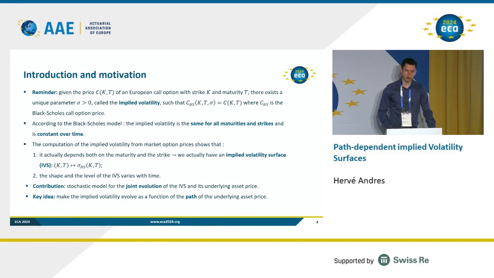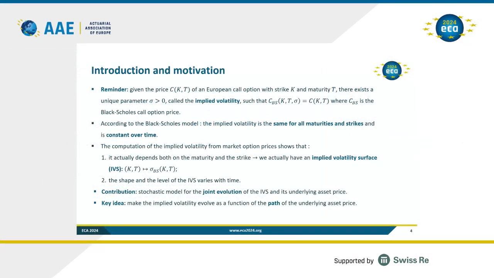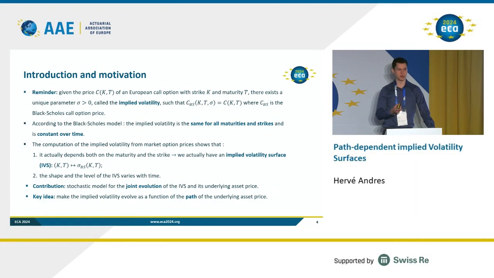For those who are maybe not familiar with implied volatility, this is just a gentle reminder. If I give you the price of a European call option, you can find a unique parameter, sigma, that when you plug it into the Black-Scholes formula, you retrieve the initial price that I gave you. This unique parameter is called the implied volatility, the Black-Scholes implied volatility.